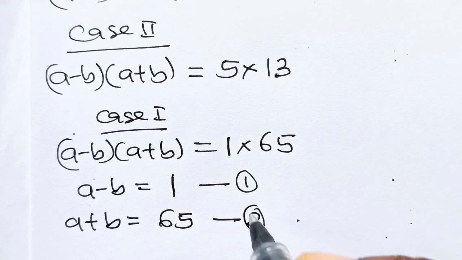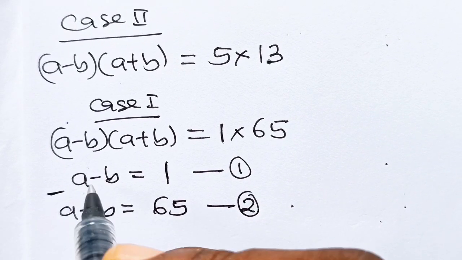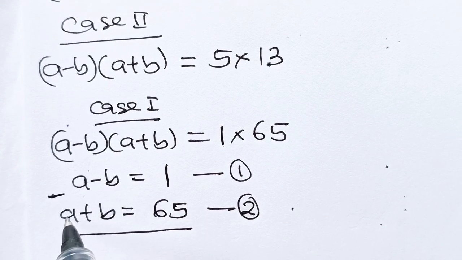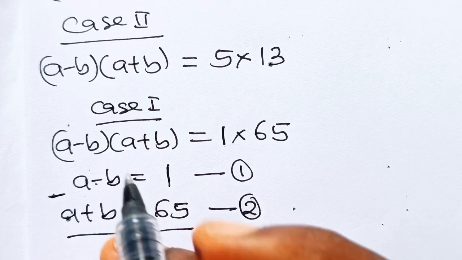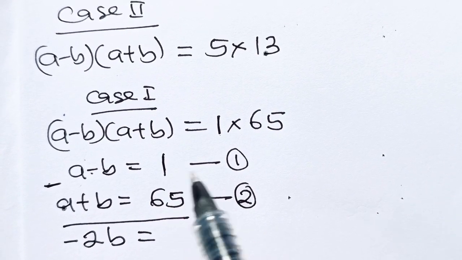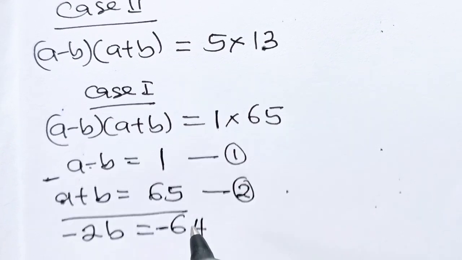Let's call this equation 2. Now, if we subtract equation 2 from equation 1, we are going to have a minus a is 0, minus b minus plus b will give us minus 2b, is equal to 1 minus 65, which gives us minus 64.